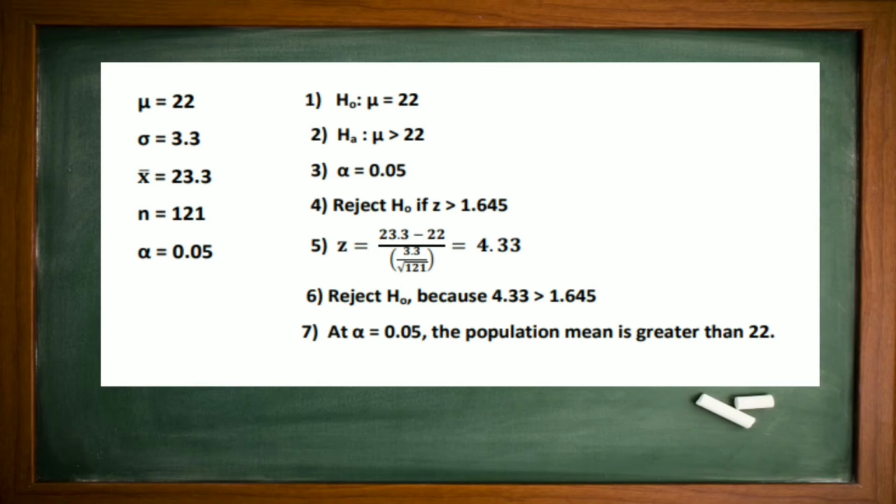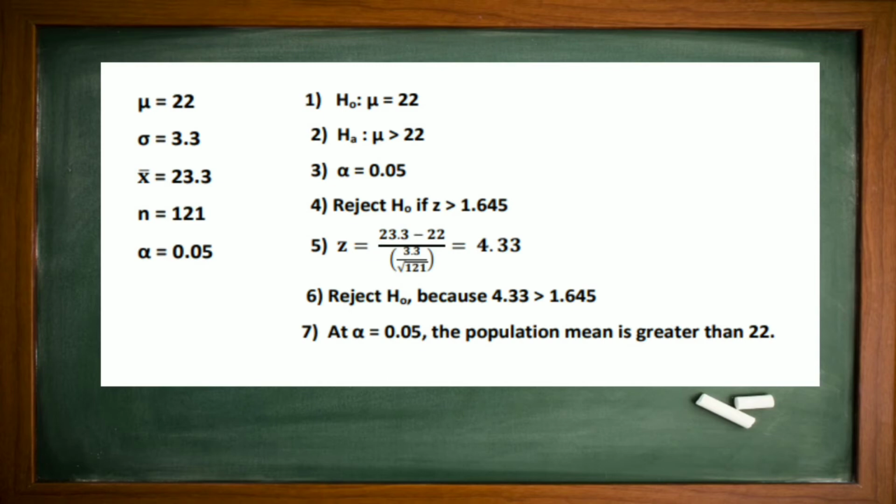Okay, so next, proceed po tayo sa critical value approach. Step 1 po natin, state the null hypothesis. So ayan na po siya. Meron tayong H0, population mean equals 22. Next, step 2 natin, state the alternative hypothesis.